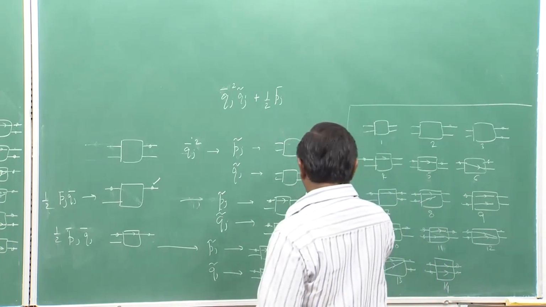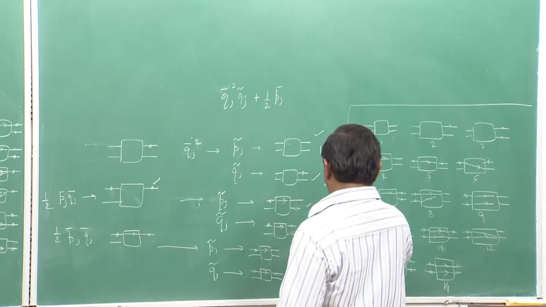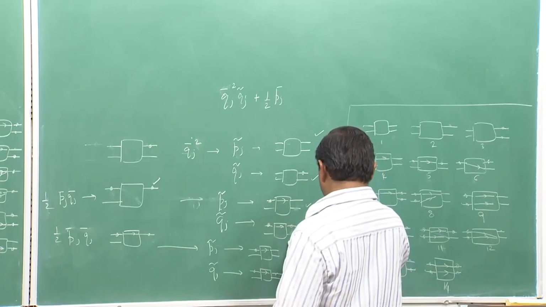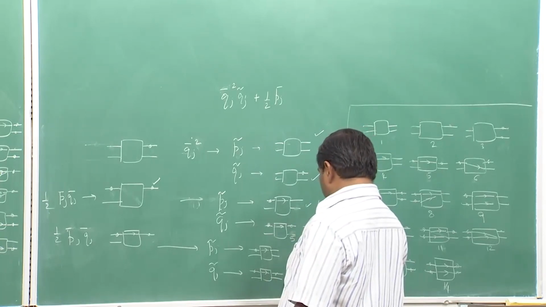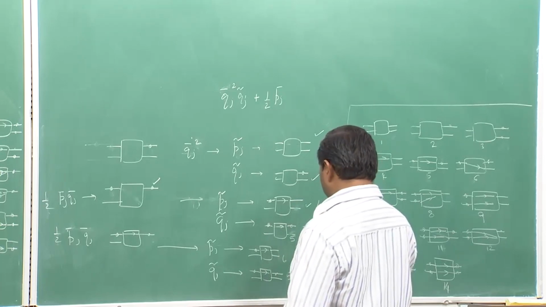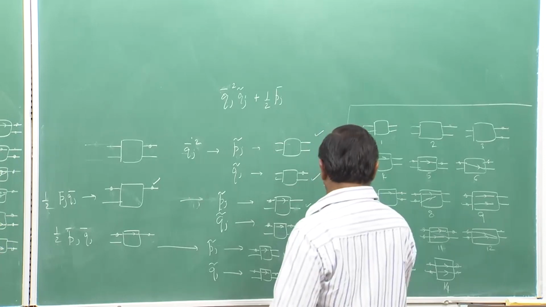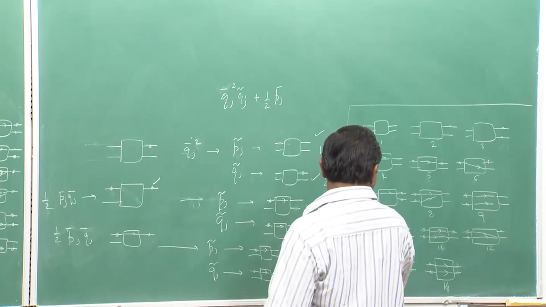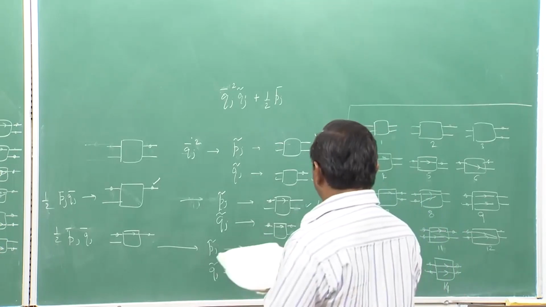So, this is state 1, this is state 2, this is state 4, this one is state 5, this one is state 5, this one is state 6, this one is state 4, sorry, and this one is state 6. Okay. So, one will be this for this particular combination.